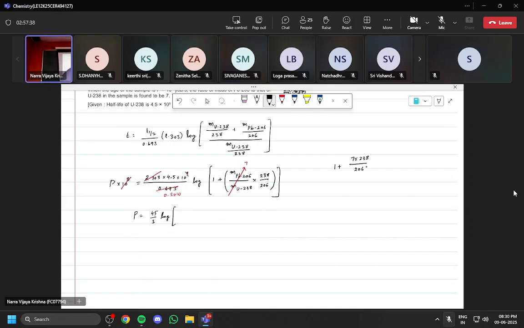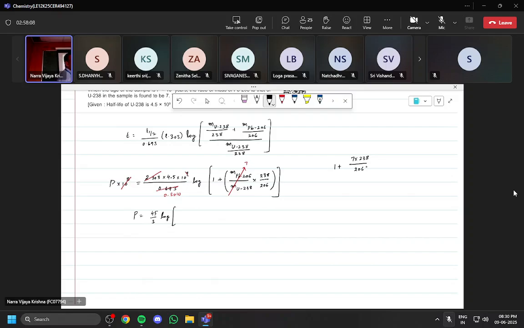Log 9, 3 square, 2 log 3. Log 3 is 0.4771, so 2 into 0.4771. You got this value as 9. Log 9 I am writing as 2 log 3, right?